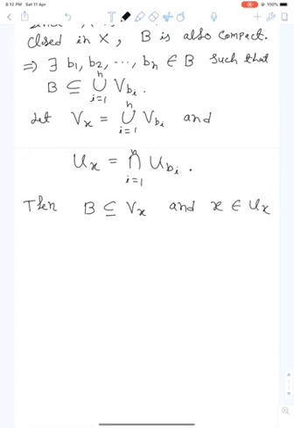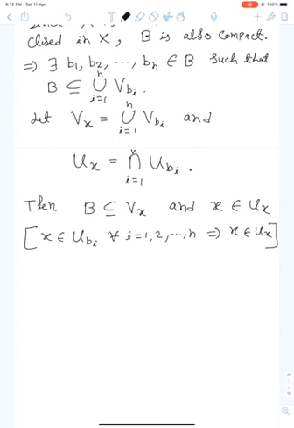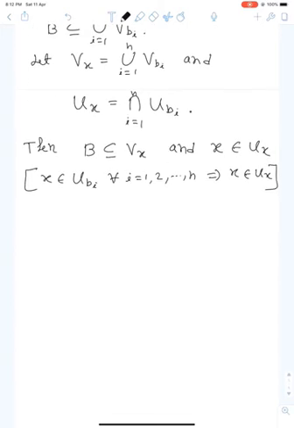Why does x belong to Ux? Because x belongs to U_Bi for all i, right? For all i. That implies x belongs to Ux. Okay. Now we also claim that Vx intersect Ux is empty.